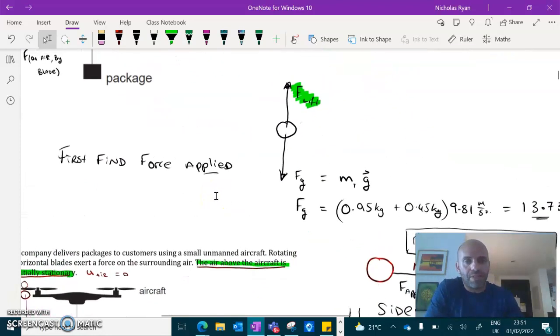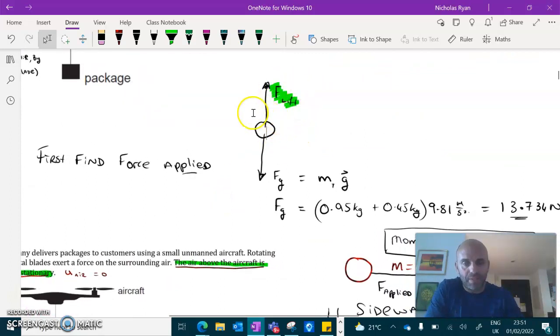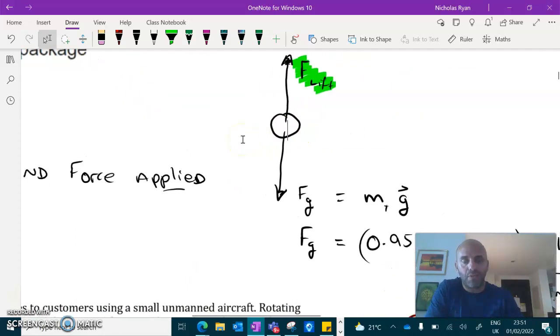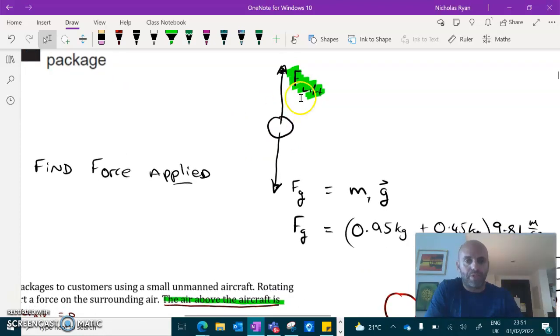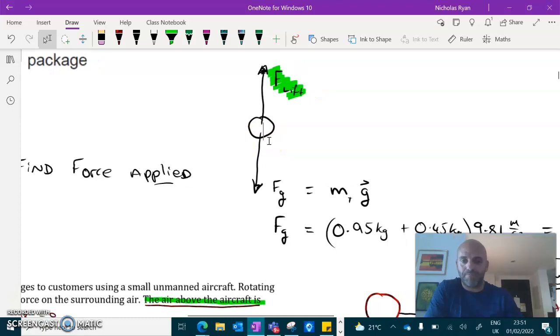Okay, so that's the lift side of it. That's the bit that comes back onto the drone, whereas that same size force is the bit that's going to be pushing down on the air. So if I can work out the size of the lift, then that should be the same magnitude of force that's applied to the 1.7 kgs of air. Okay, hopefully that makes sense.